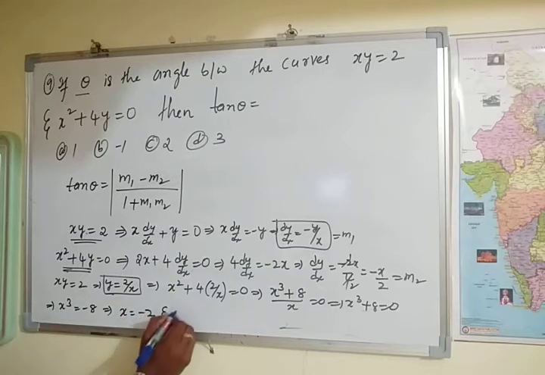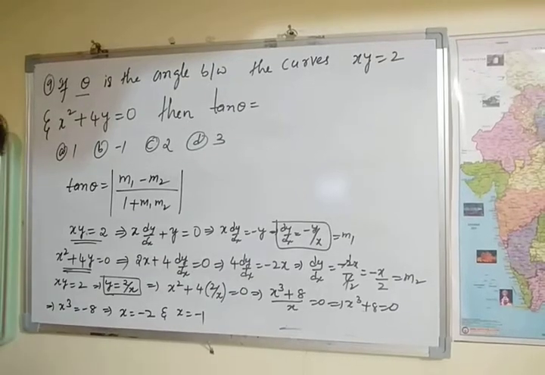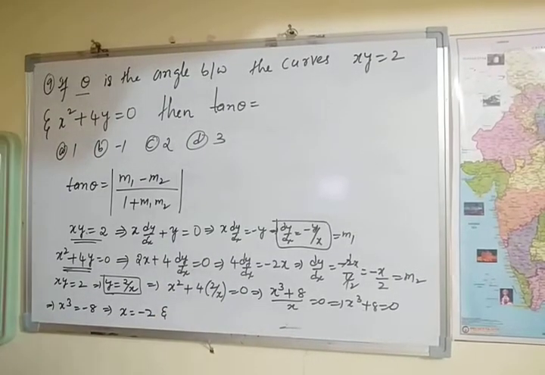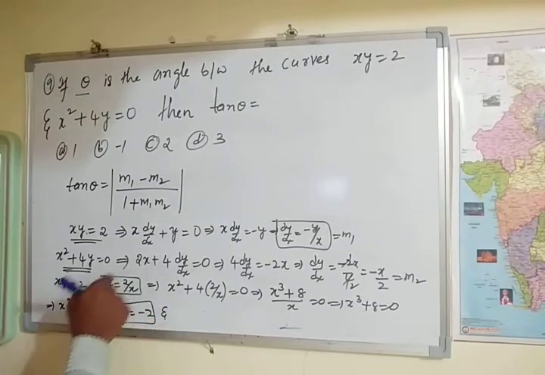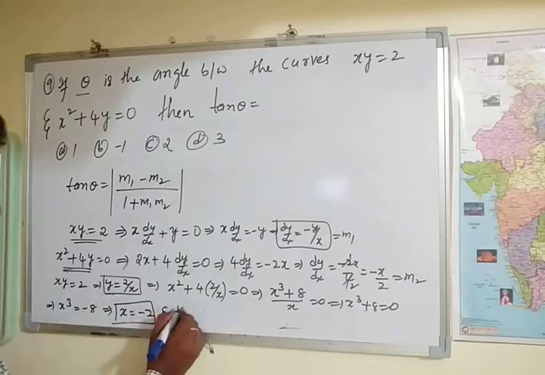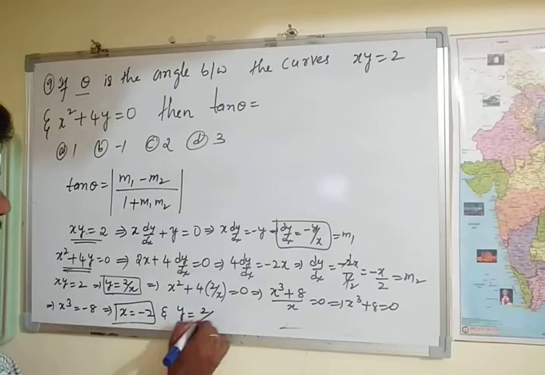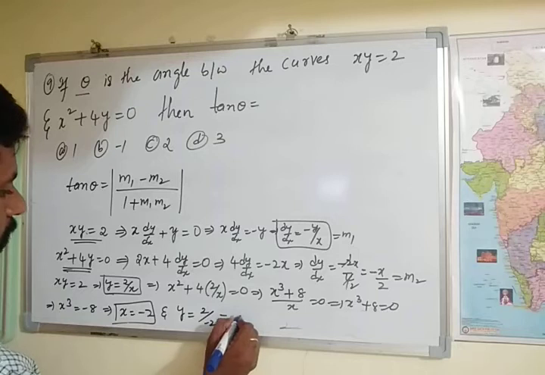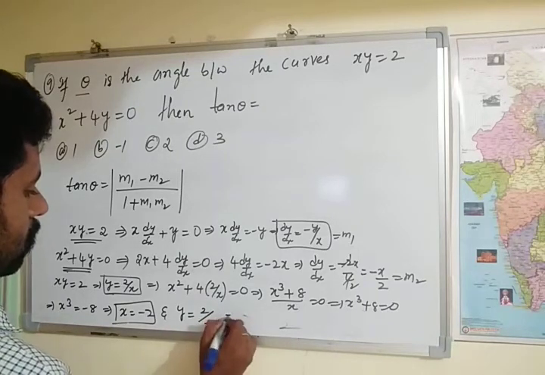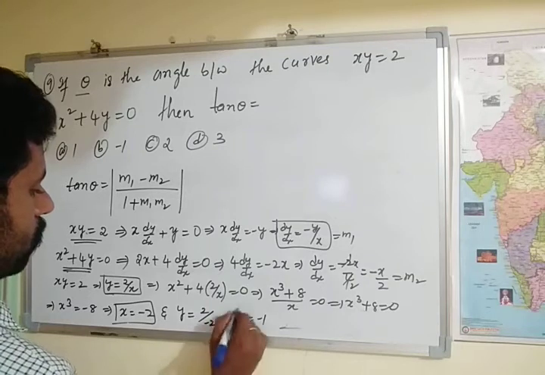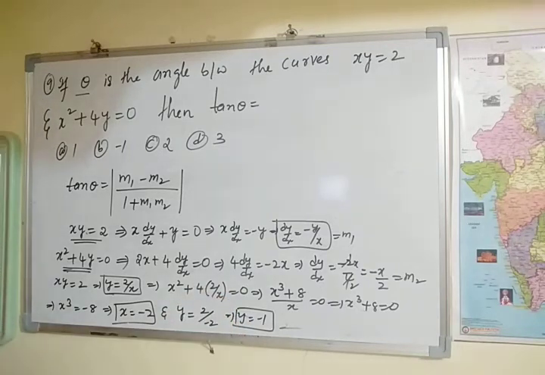Substituting in the y term, we get y is equal to 2 divided by minus 2, 2 gets cancelled, minus 1. This implies y is equal to minus 1, which means the point is minus 2 comma minus 1.